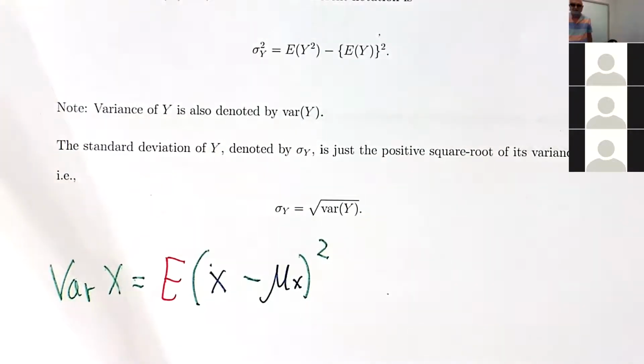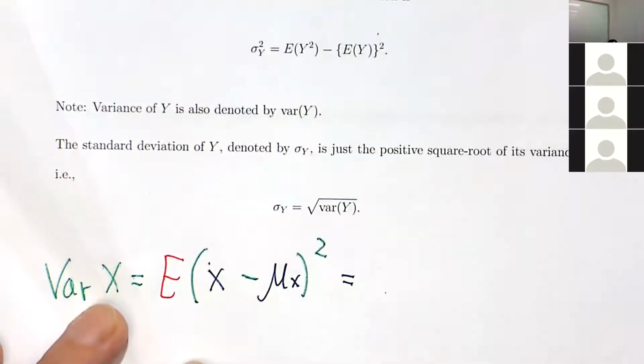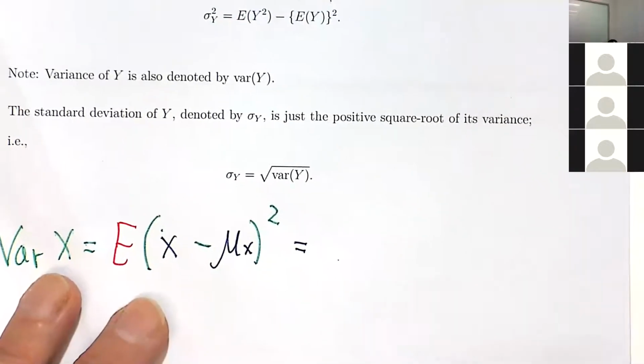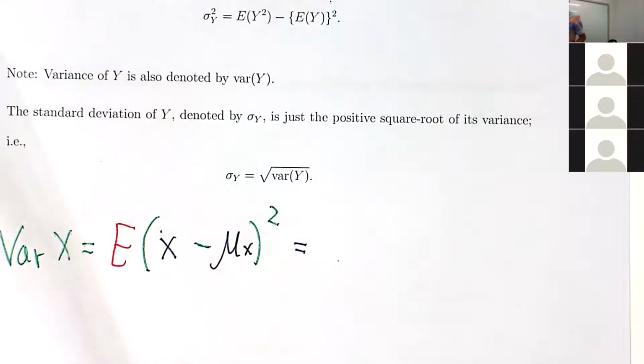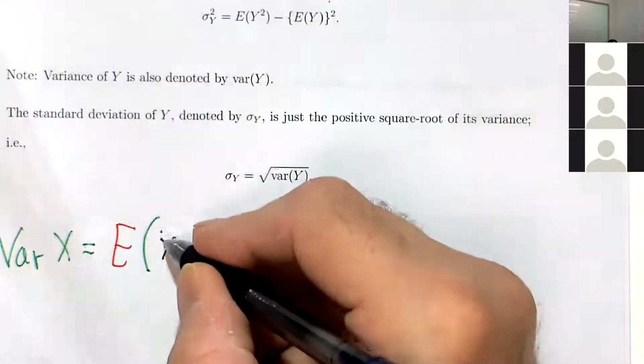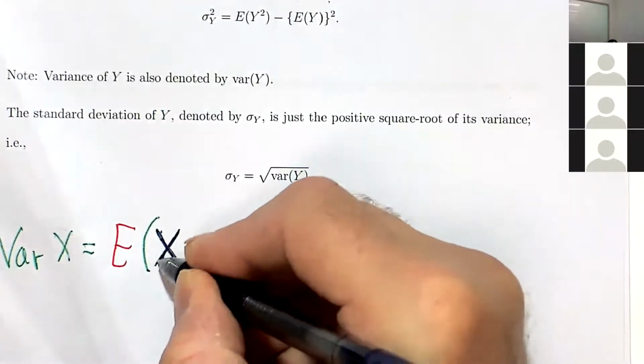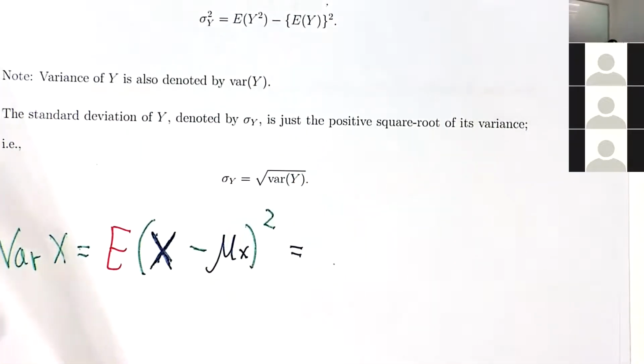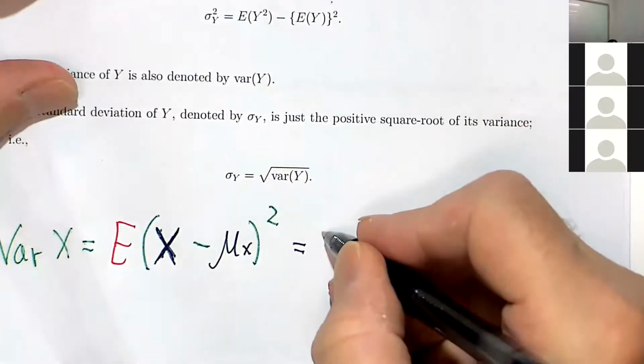So this is the variance: expected value of the squared deviations. This is the measure of spread. So let's now square this expression in the parentheses. And please watch out, this is big X. This is the name of the random variable. So let's see what is going to happen.